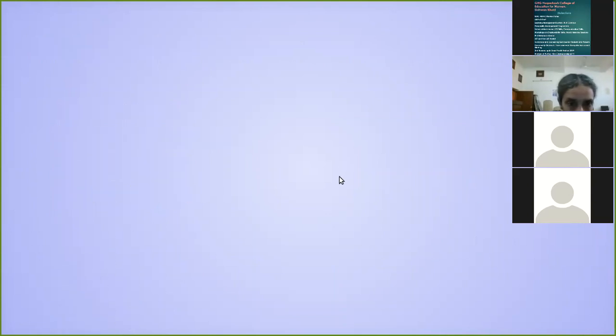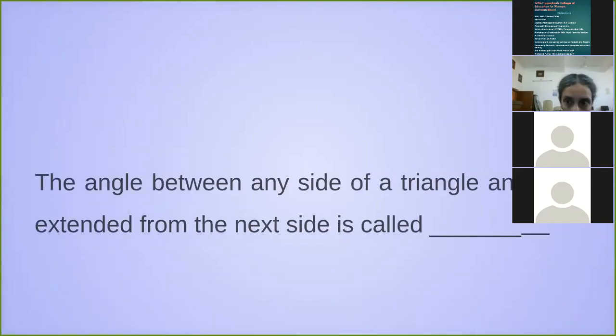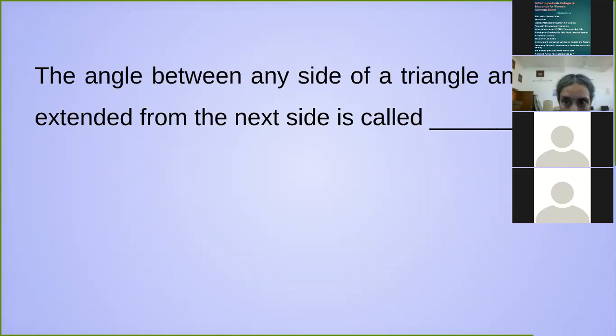Now the next question is: the angle between any side of a triangle and a line extended from the next side is called dash. Ma'am, exterior angle. Yes, very good.